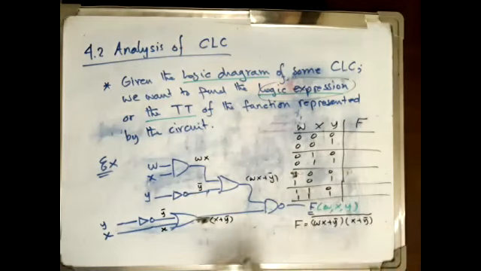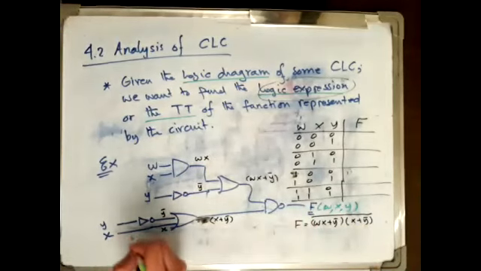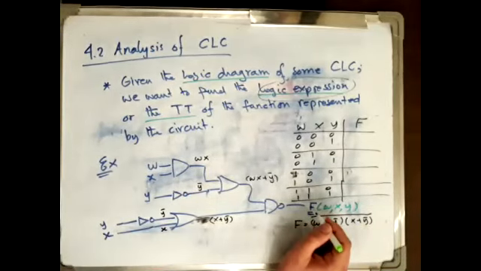So these are the 8 possible combinations. So how to find the truth table? Straightforward. You just plug in the values at the inputs and find out the function F.